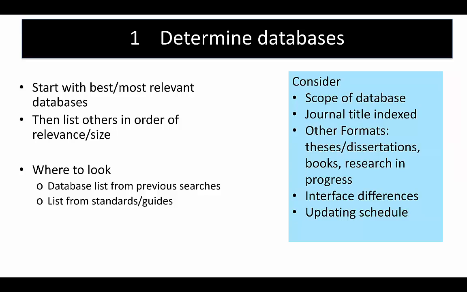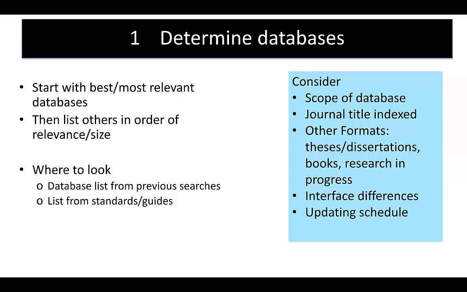In thinking about which databases should be searched, I almost always start with Medline, but it really depends on the topic and whether that makes sense for it. Then, to list the other databases I'm thinking about, I'll look at previous or related reviews and lists from standards, which we'll talk about in just a second. You also think about important journals for that topic, and sometimes you may not be expert on what the important journals are, so you may depend on your group for that.